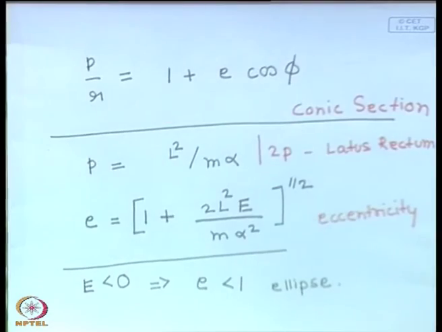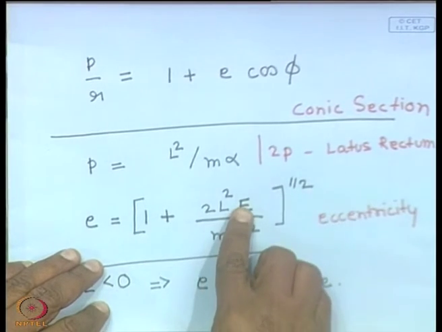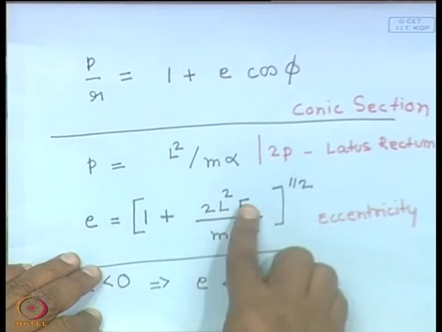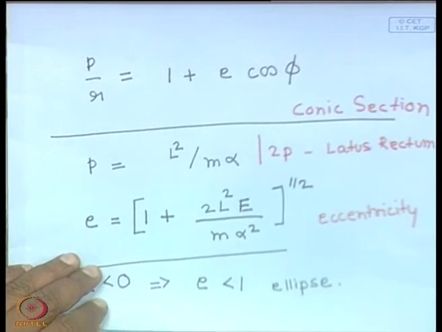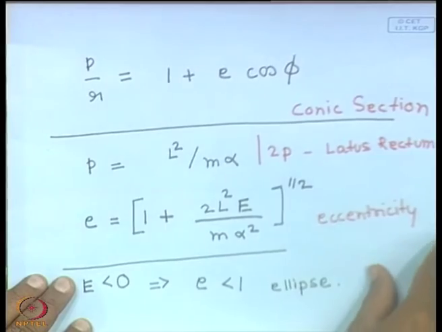Another way of arriving at that is by determining the minimum value of the energy that you can have. E cannot be lower than that.